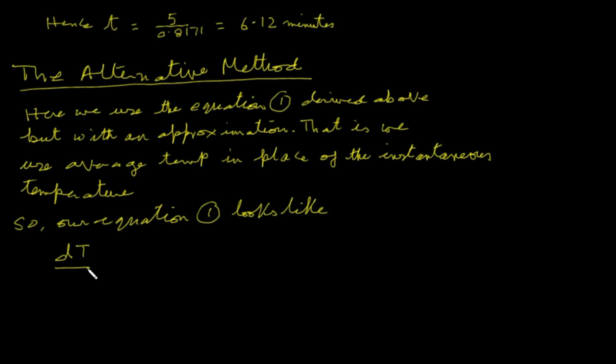So now our equation number 1 looks like dT by dt is equal to minus k times T average minus T naught.